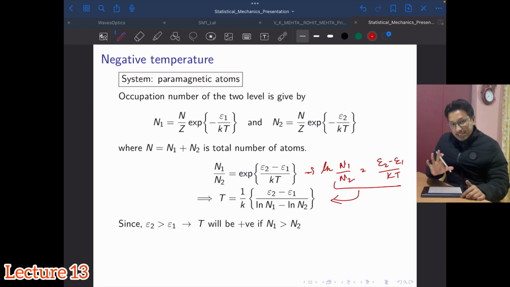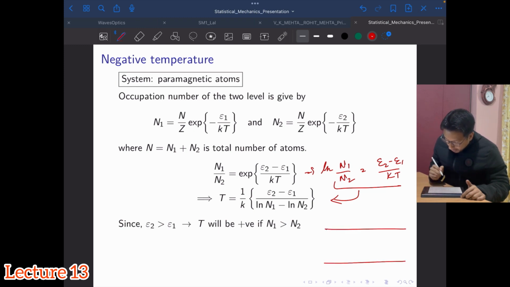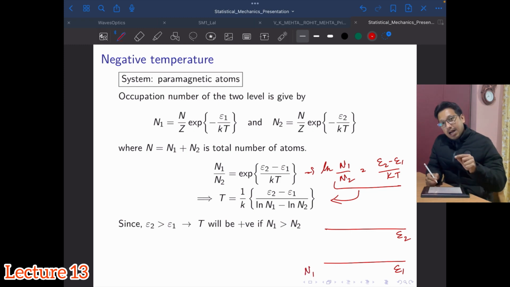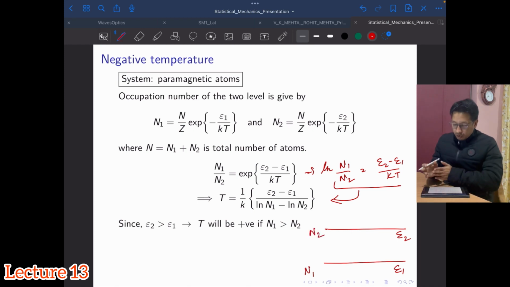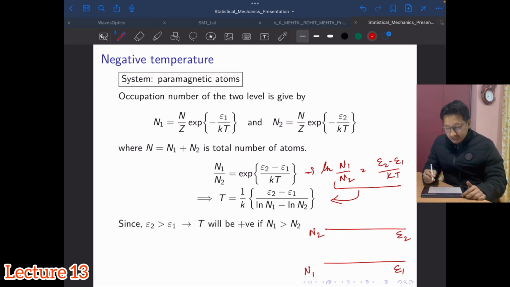So I had these two states, where the low energy state has E1 and the high energy state has E2. Now these N1 atoms are parallel to the external magnetic field, and the other N2 atoms are anti-parallel and have higher energy. So these atoms are in higher energy states.